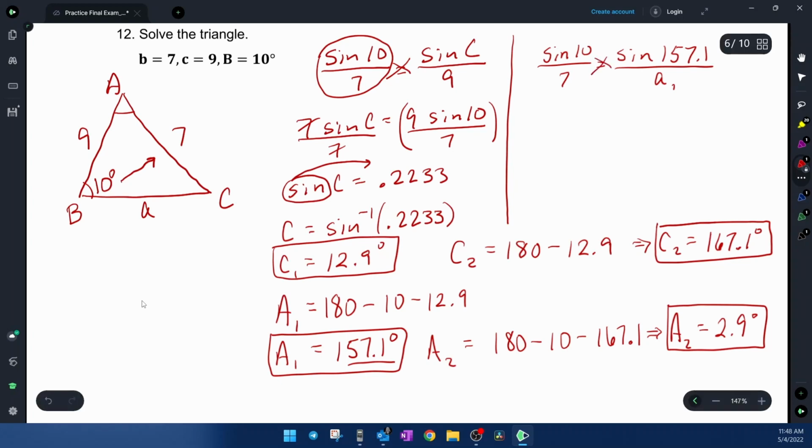And then if I cross multiply and divide, we're going to get A1 equals 7 sine 157.1 divided by sine of 10.